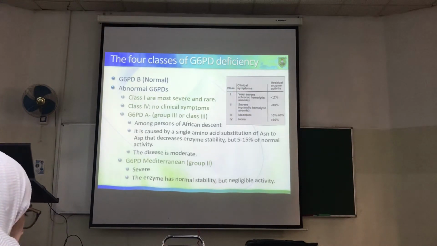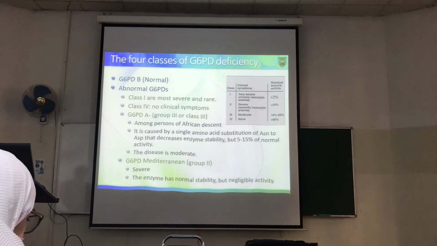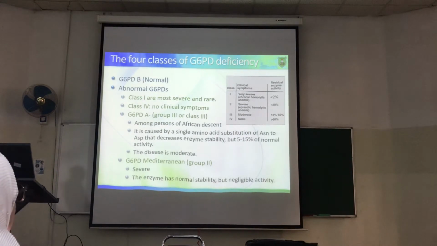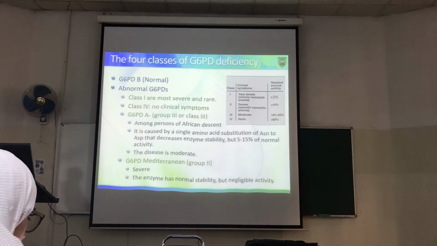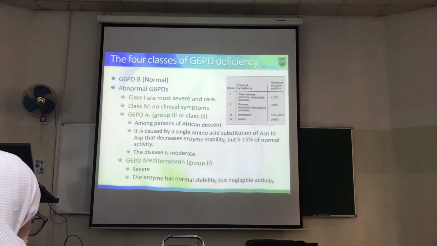Now, the abnormal G6PDs are divided into different types or classes: class 1, class 2, class 3, etc. Class 1 is the most severe, that is, the person will die at a young age. Class 4 indicates that the deficiency is mild. It doesn't have a major effect on life or hardly any clinical symptoms for that person.